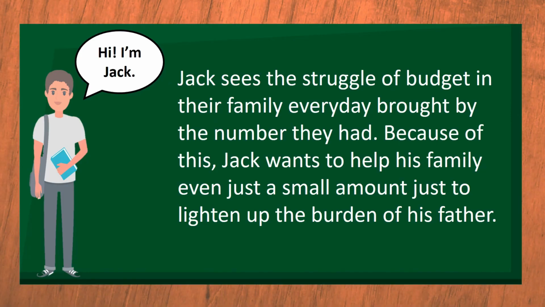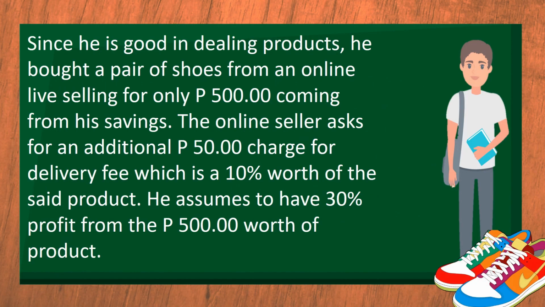Jack sees the struggle of budget in their family every day, brought by the number they had. Because of this, Jack wants to help his family, even just a small amount, just to lighten up the burden of his father. Since he is good in dealing products, he bought a pair of shoes from an online live selling for only 500 pesos, coming from his savings.